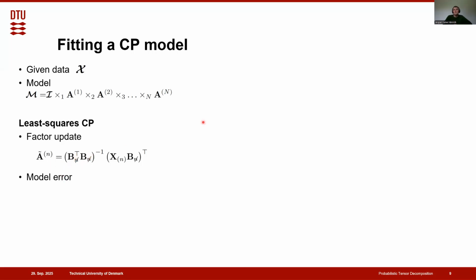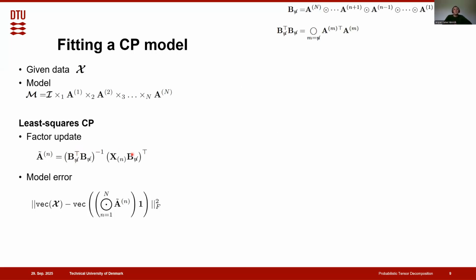So the factors become, there should be an explanation of what B is. Let's see, there it is. Yeah. So for one factor, A of n, we condition on all other factors, given by this index here, everything that's not n, and then we update it. We have this second order term here, and then we have our data matricized multiplied by the other factors.